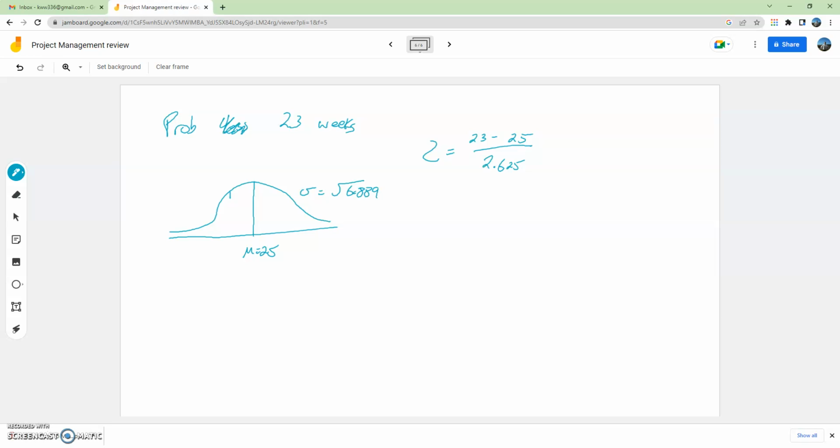No, let's change that to be the probability that it's more than 23 weeks. There's 23, and we want all of this area here. So this is a two-step process. Z equals 0.76. Look at the normal distribution chart, which I have right here.